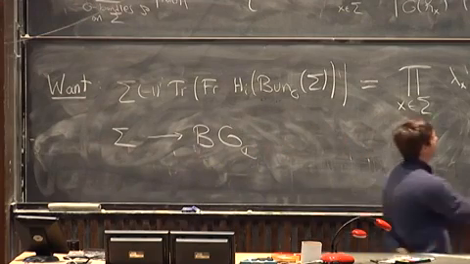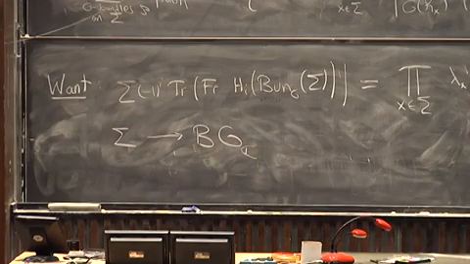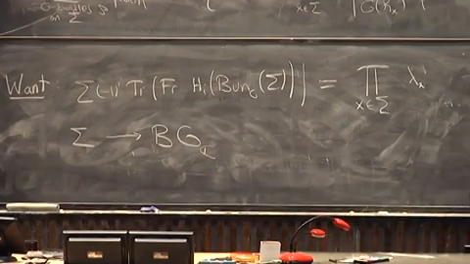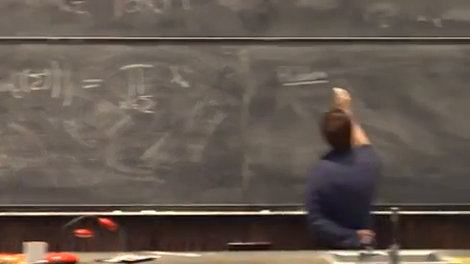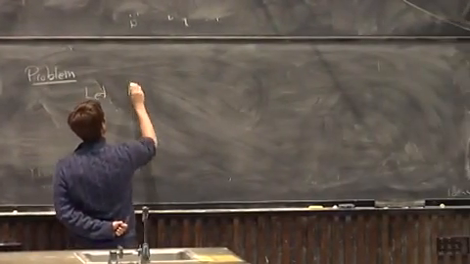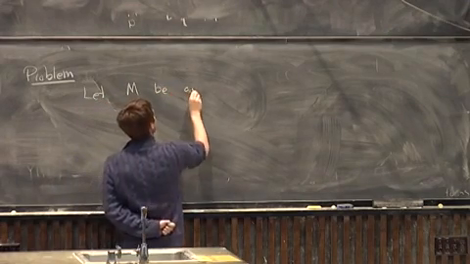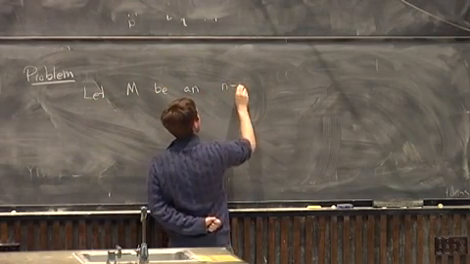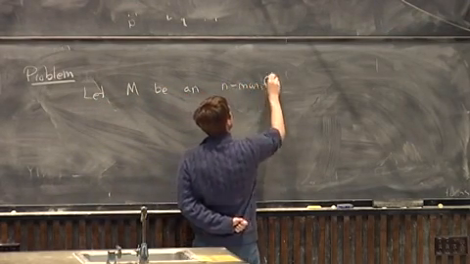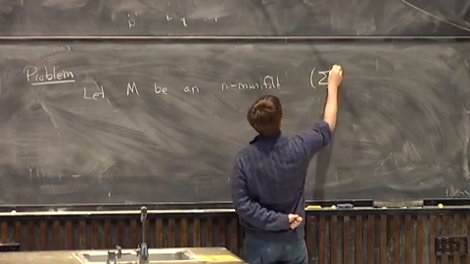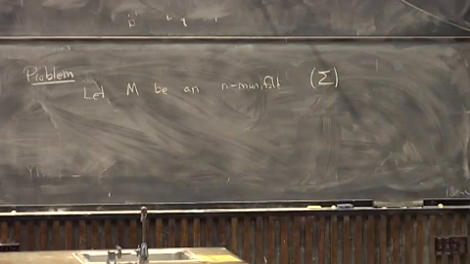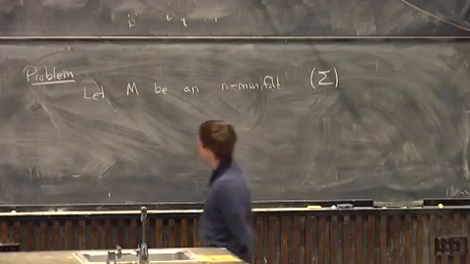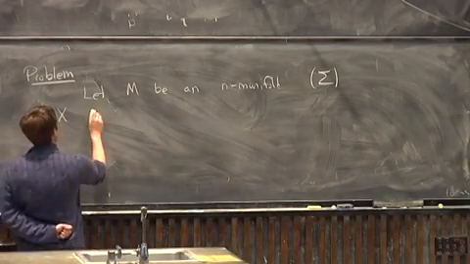So let me just state over here roughly, the problem could be stated as follows. So let M be a manifold, let's say of dimension n. So I have in mind the case where M is our Riemann surface sigma, so n is equal to 2. And let X be a pointed space.